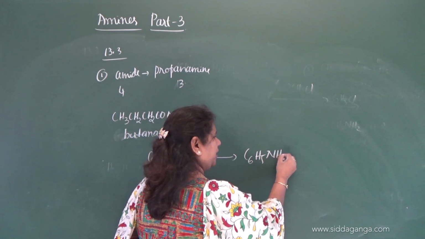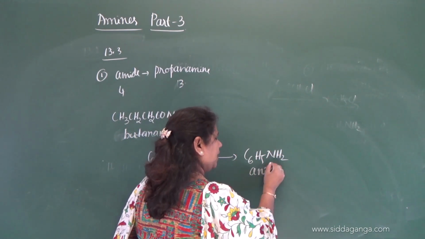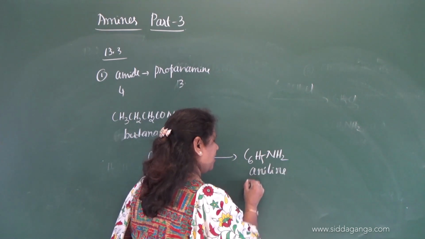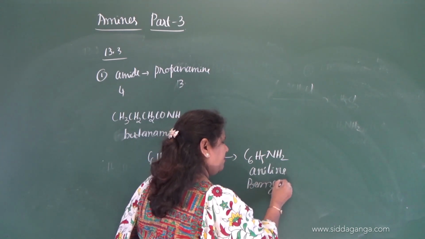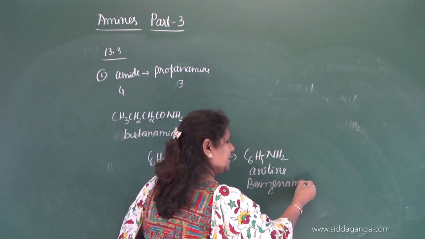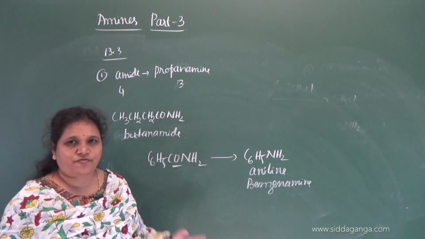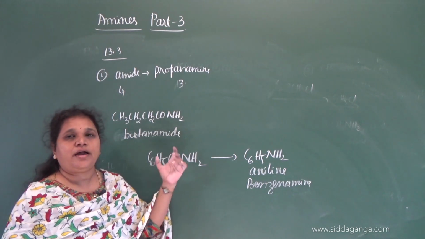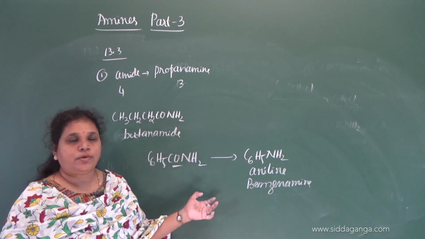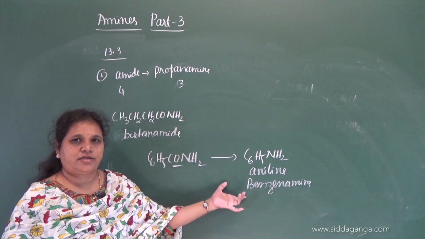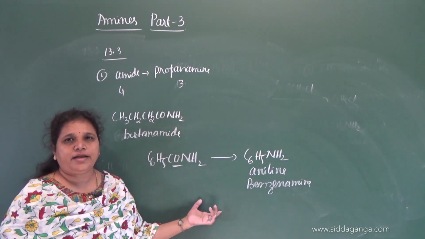Aniline. You will get aniline. Aniline is the common name, or you can also write it as benzenamine. So benzenamine is the IUPAC name of the amine which is formed when benzamide undergoes Hofmann bromamide degradation reaction.